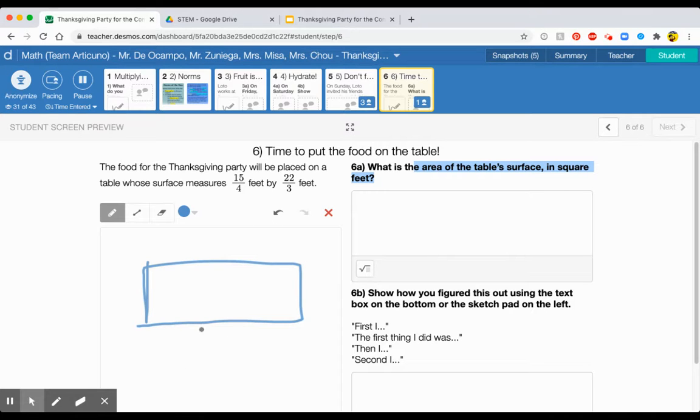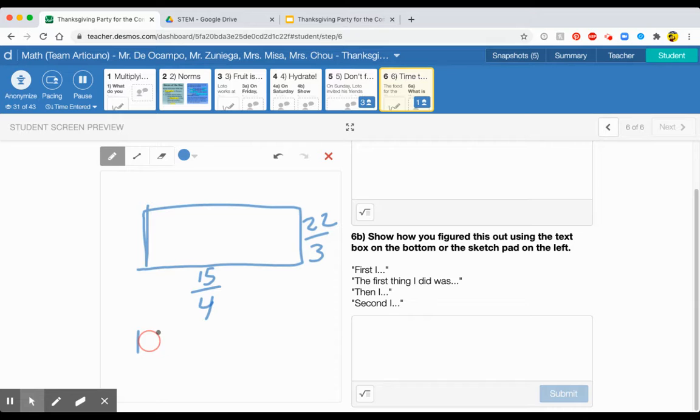So we're talking about 15 over 4 and 22 over 3, and you're trying to find the area of that. Area does involve multiplication, so you have to figure out how to multiply 15 over 4 by 22 over 3, and hopefully you can figure out a way to do that either with diagrams or without diagrams.